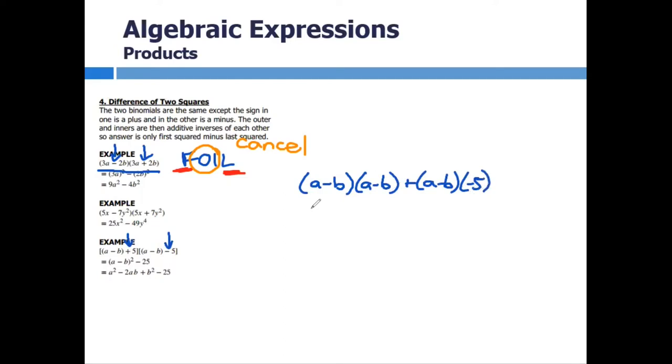Then we would have had the 5 and we would have had to multiply that by a minus b. And lastly, we would have had the 5 and we would have had to multiply it by the -5. We would have had to do all of that multiplication, then all of that adding and subtracting of like terms. It's not wrong, but a quicker way is to just square the first term.